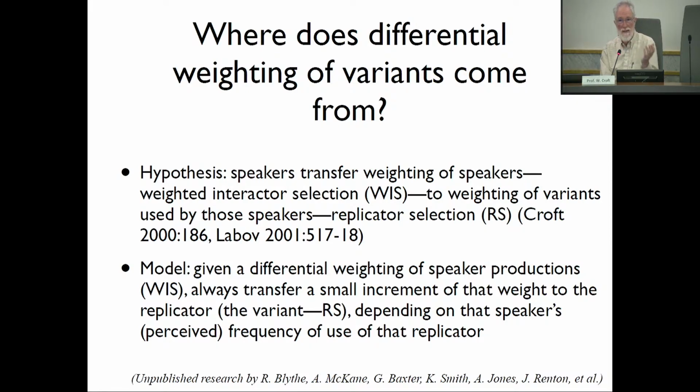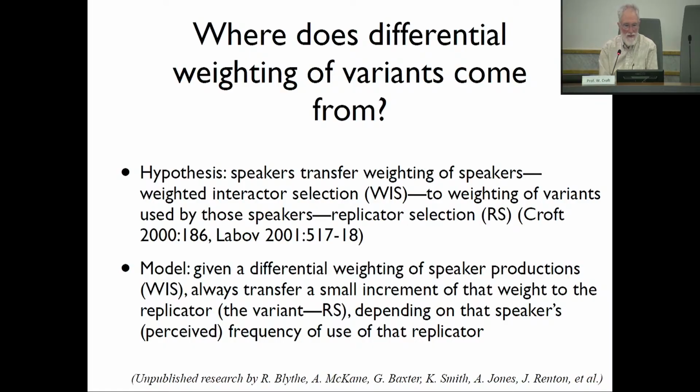So the question is, a linguistic variant, a particular pronunciation or a particular word or construction form, doesn't have any inherent social value. That has to be conferred on them by speakers. And so the logical explanation, which I suggested in my book and Labov separately suggested in his book, published around the same time, is that basically a particular pronunciation gets its social value because it's associated with a particular group of speakers toward whom we have a positive social attitude.